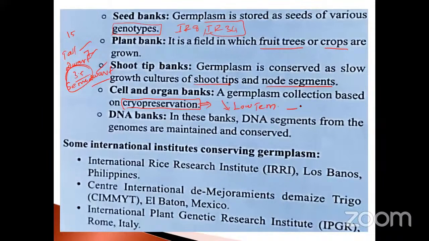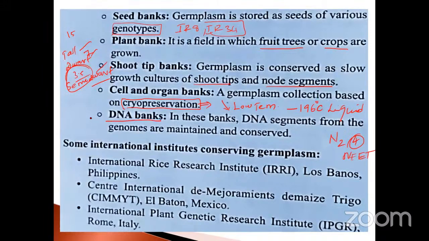That is minus 196 degrees Celsius, in liquid nitrogen. Already we studied it. Don't forget, my dear. So many times they ask this question, 4 or 5 times. It is a NEET question.